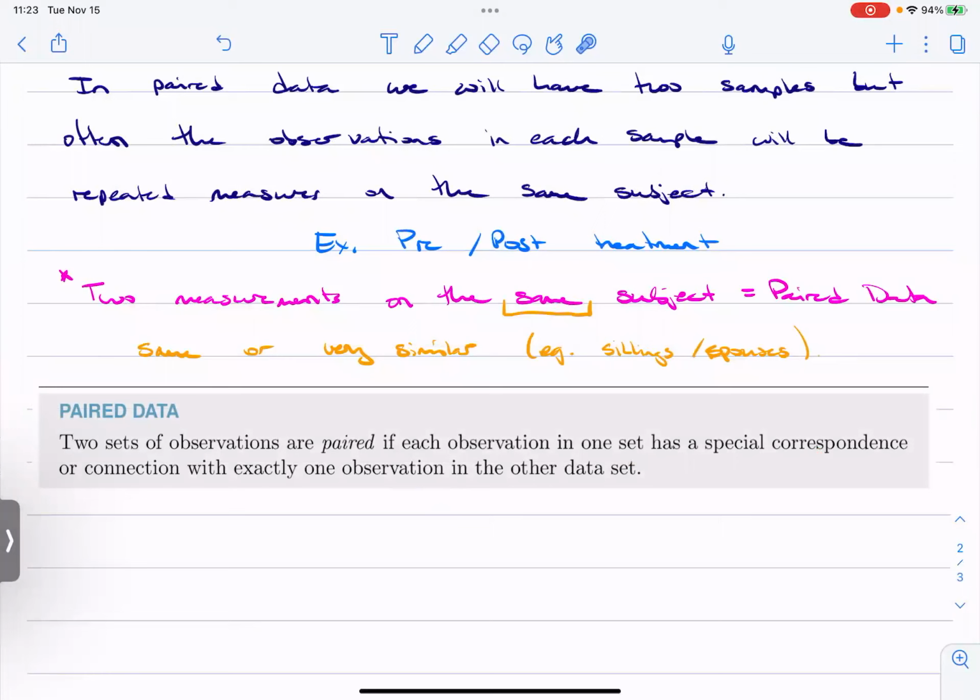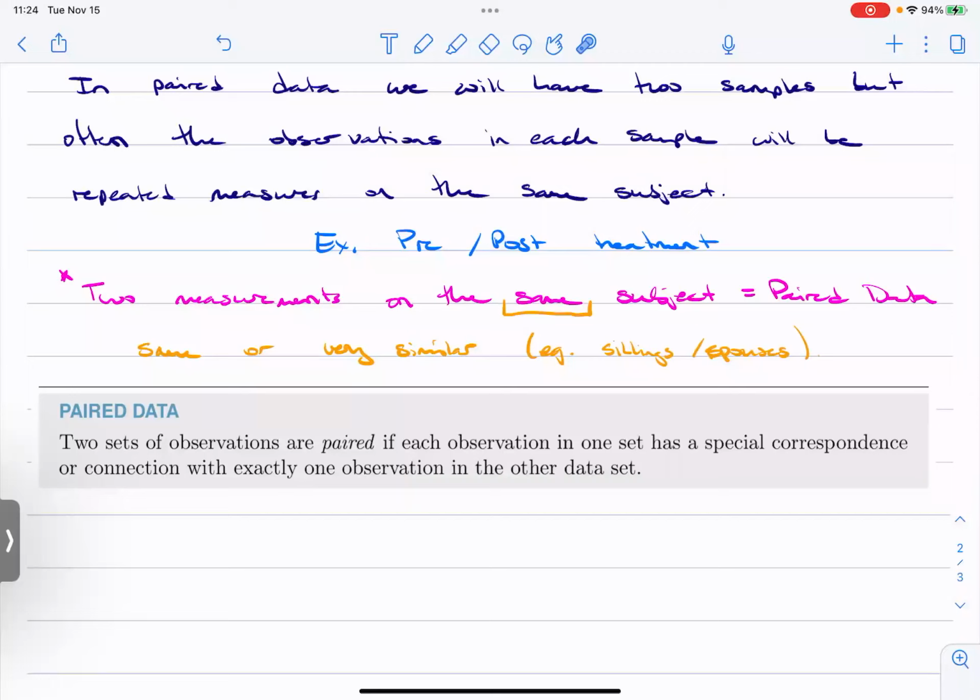Why is it so important that we're able to recognize these? Because when you're reading the question on quiz 4, you need to be able to identify whether the data is paired. I'm going to give you some clues to help you think, yeah, I think this is a paired data question, and then confirm.